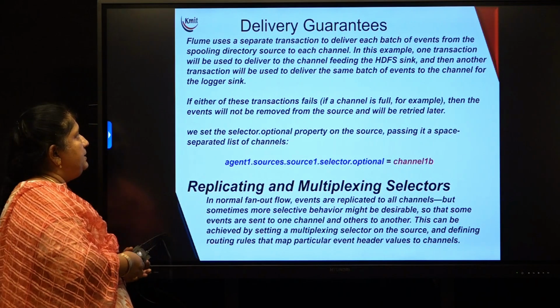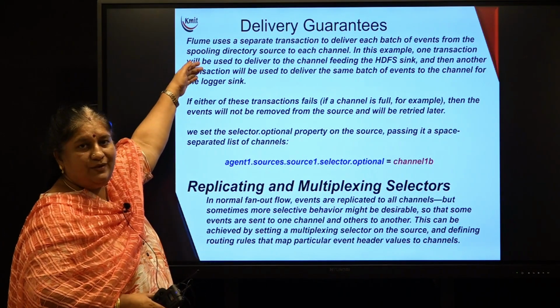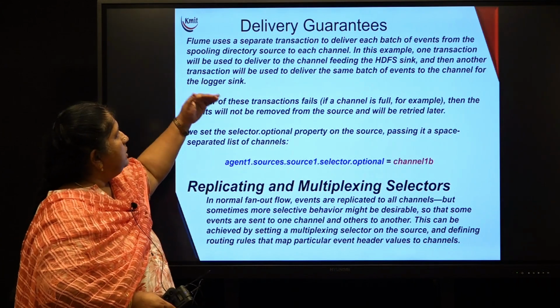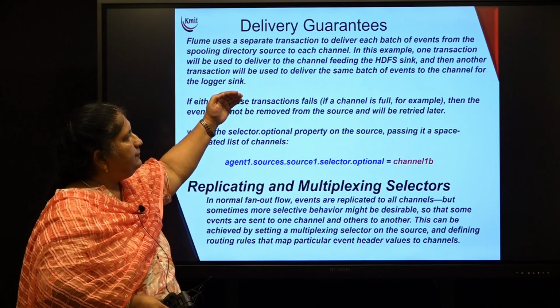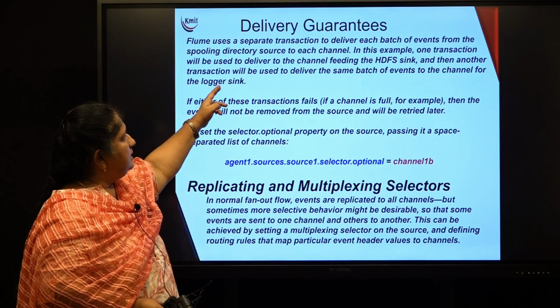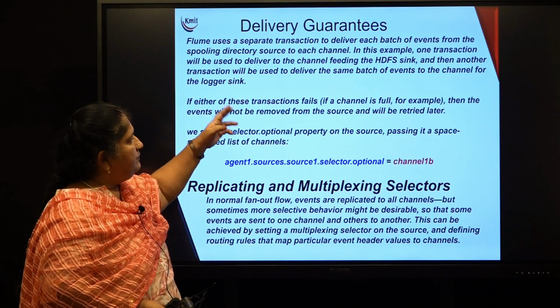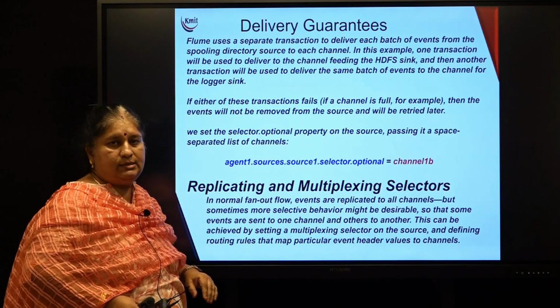In this example, whatever we saw in the fan out, one transaction will be used to deliver to the channel feeding the HDFS sink, and then another transaction will be used to deliver the same batch of events to the channel for the logger sink.